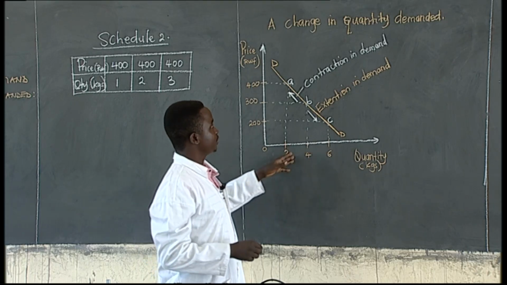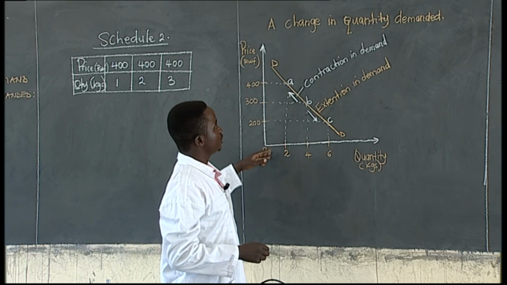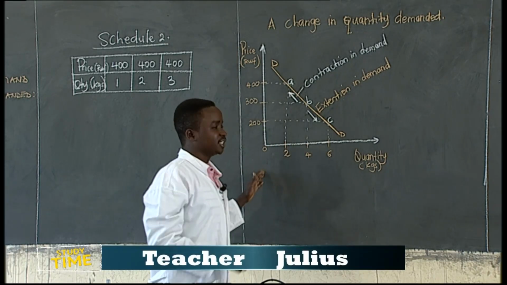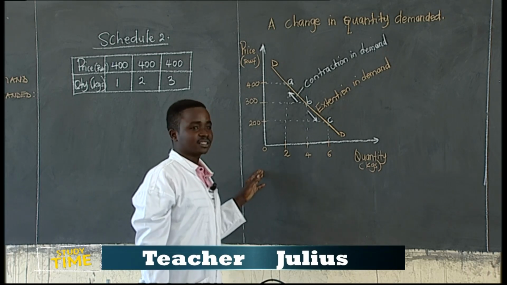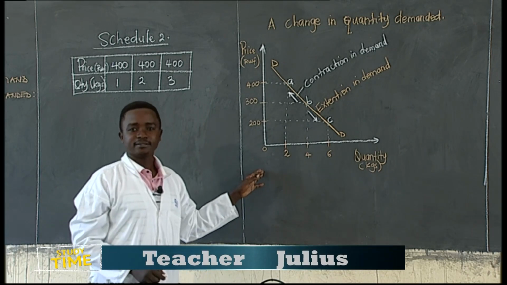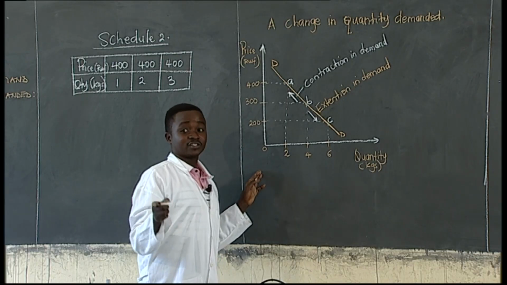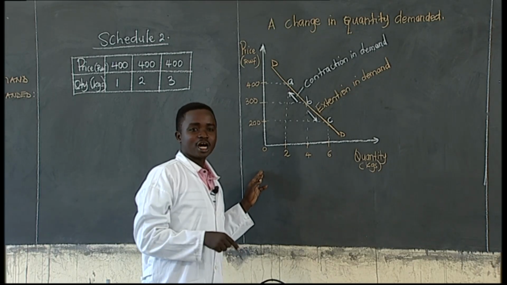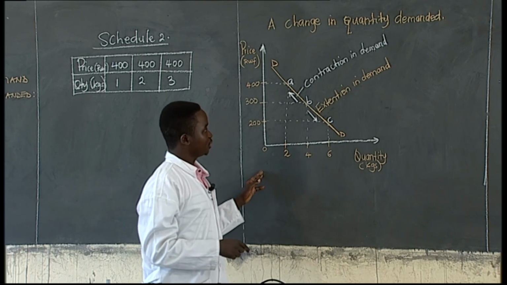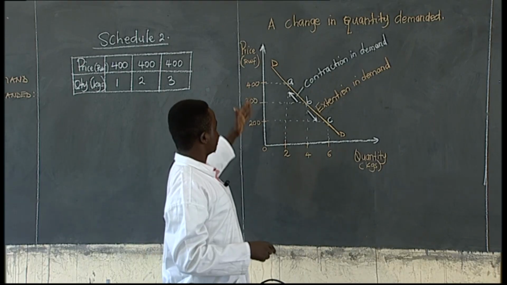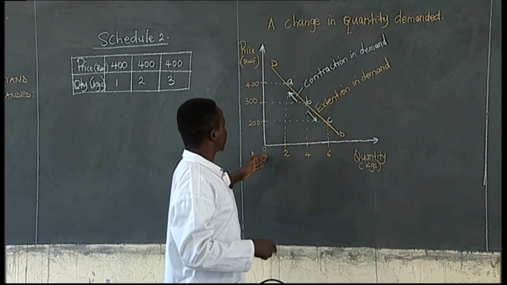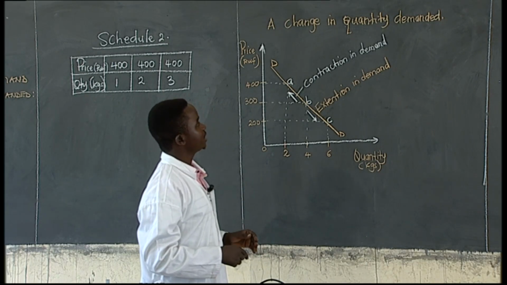So you have to know how to distinguish these two. Here, it is only price changing when other factors that influence demand are kept constant. So this curve represents a change in quantity demanded.